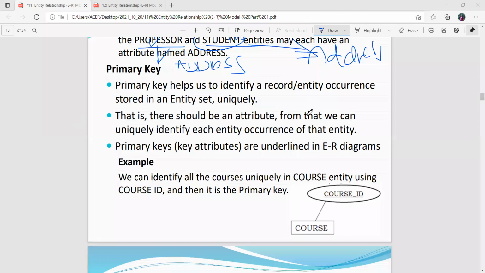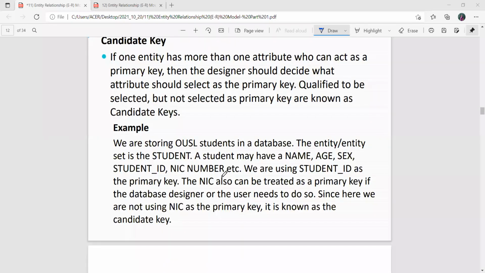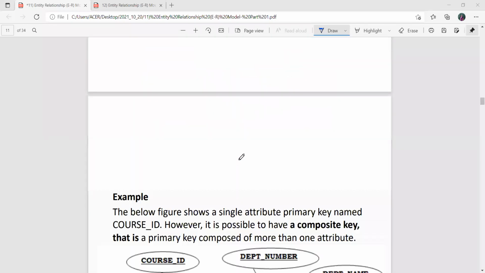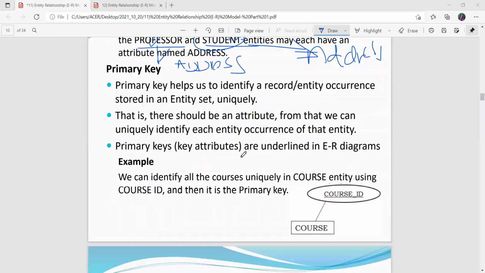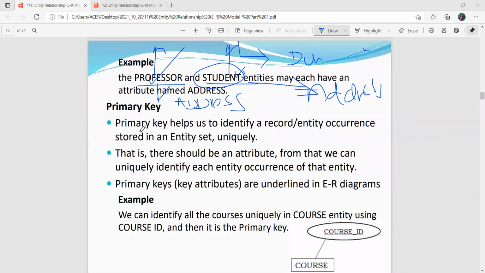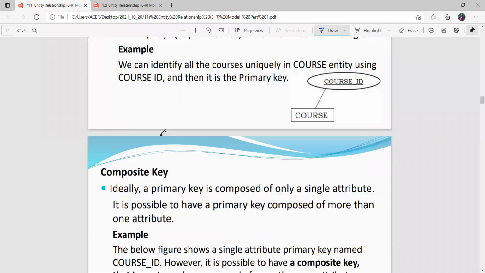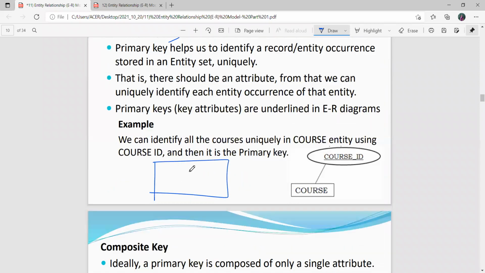When we consider this primary key, I think last week we discussed it. The primary key is used to identify each and every record uniquely. As an example, let's take this course example. In this course, there are two attributes, course ID and course name.